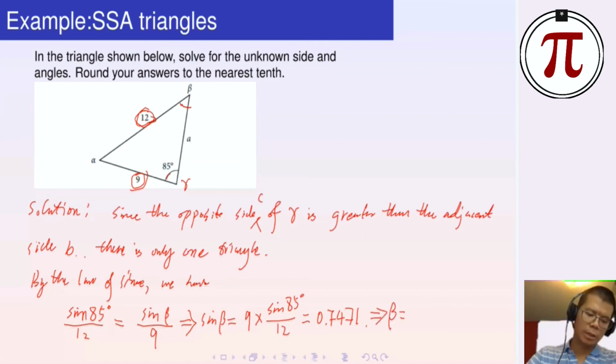Now you want to find sine beta equals this, so it's the inverse sine of 0.7471. This is in radians, 0.8437, but you transform it into degrees.